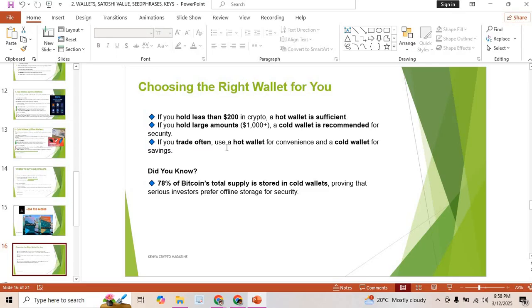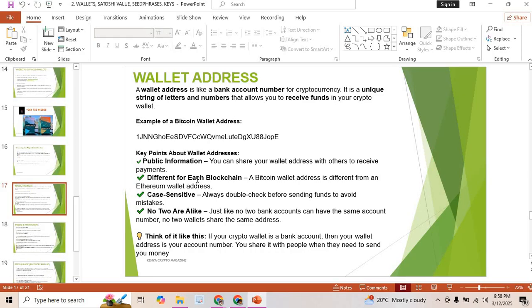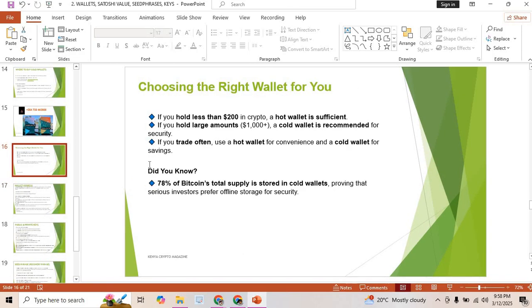So if you trade on Binance, it's safe to put your money on the Binance Futures wallet and trade there, but keep a cold wallet for your savings. Lastly, did you know 78% of Bitcoin is held in cold wallets, proving that serious investors prefer storing their crypto offline?